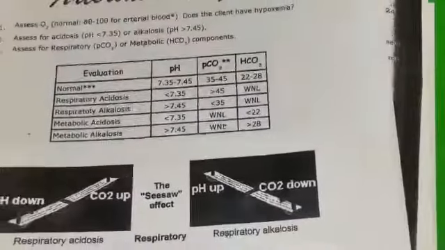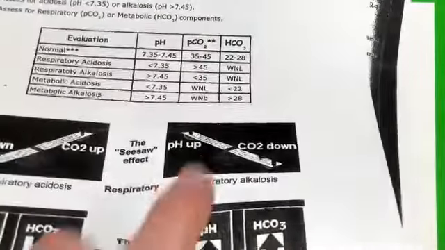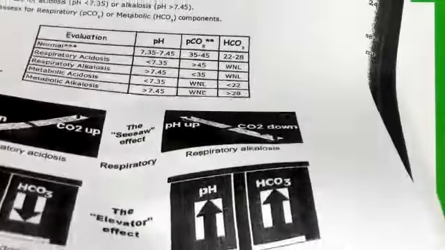So where do I start? Let's go through our different steps. Step number 1 says determine if it is acidosis or alkalosis. I put some arrows in here, and the arrows will make sense because they relate back to respiratory, seesaw effect or elevator effect.